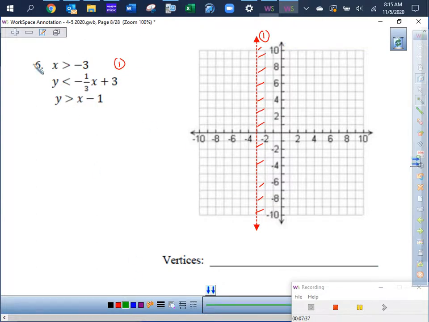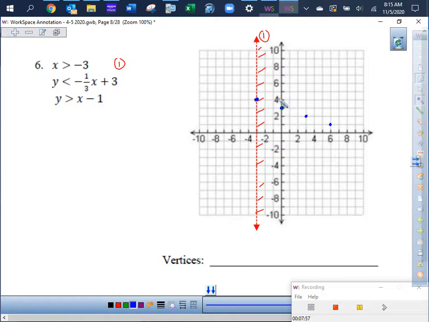Let's go ahead and graph the next one, which is oblique. It has a y-intercept of 3. Down 1, to the right 3. Down 1, to the right 3. I could also go up 1 and to the left 3 if I really wanted to. Ooh, that was kind of nice. Did you notice what I just kind of did right here?